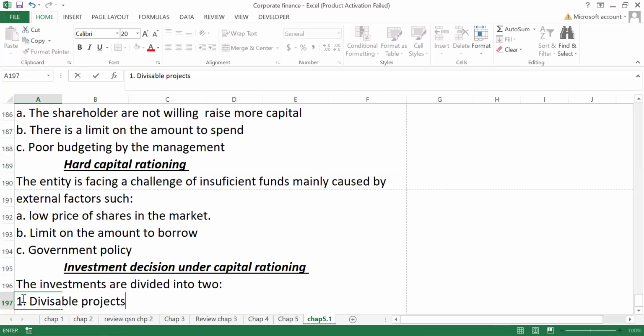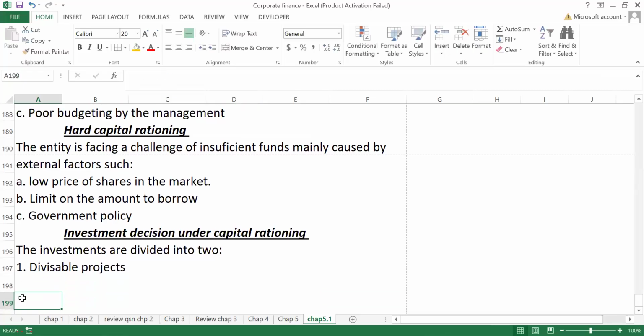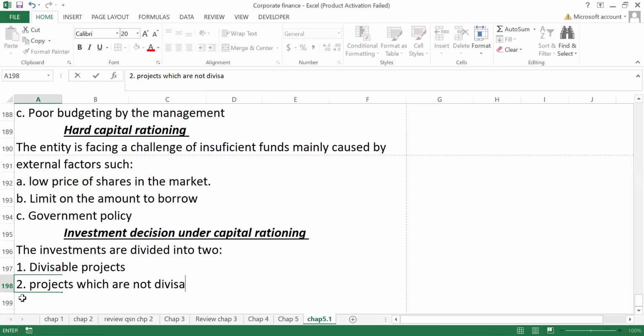Okay. Divisible projects. And number two, projects that are not divisible, or indivisible. Projects which are not divisible.